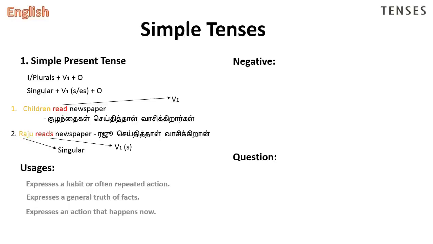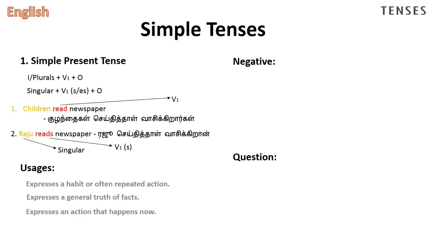I or plural subject வந்துச்சுன்னா you have to use do not plus verb 1 plus object. Next, singular. If singular comes, we have to use does not. Okay, don't forget. If I and plural comes, we have to use do not.